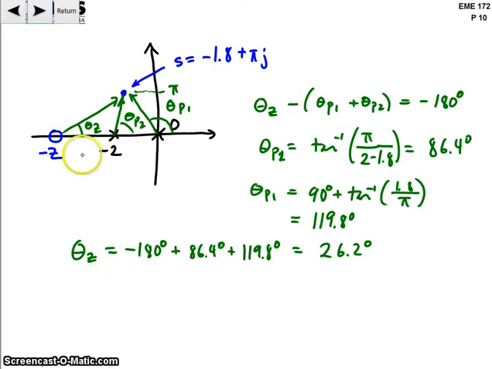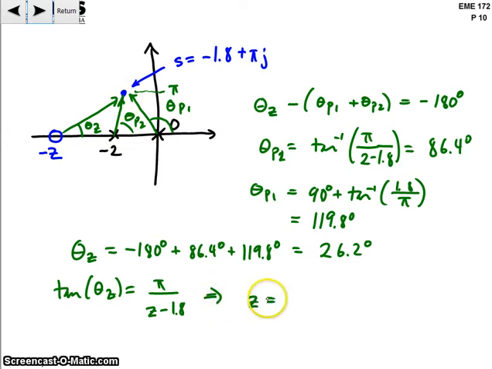And so to find where the 0 is, I can write that tangent of theta z is equal to pi over z minus 1.8. So z minus 1.8 is the length of the side of this triangle on the real axis, whereas pi is the length of the triangle on this side. And so I can solve for z.